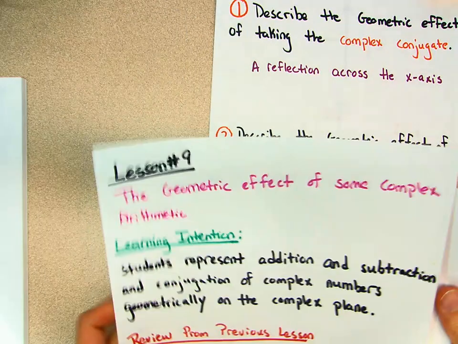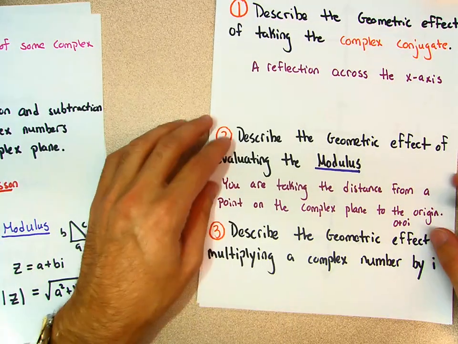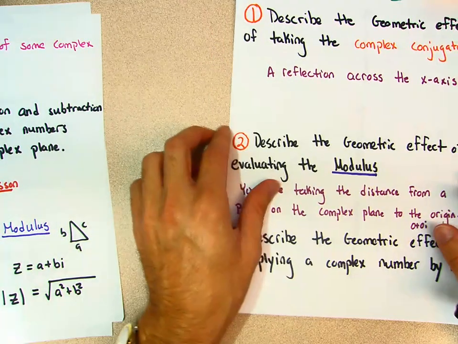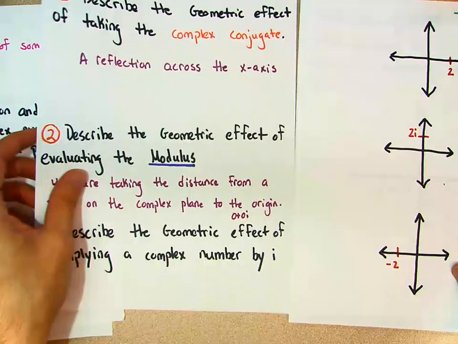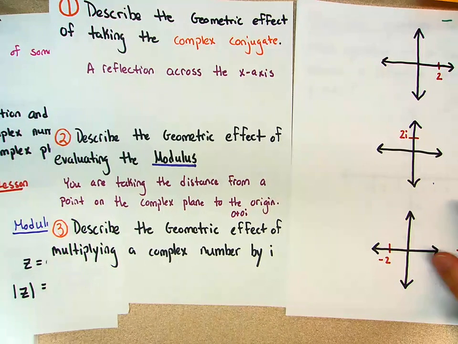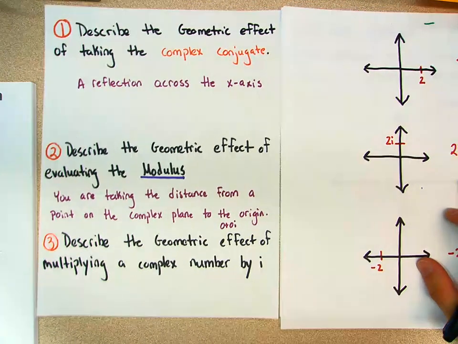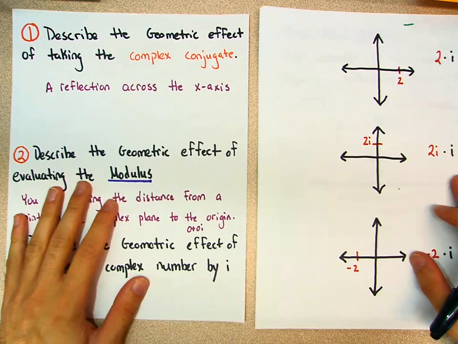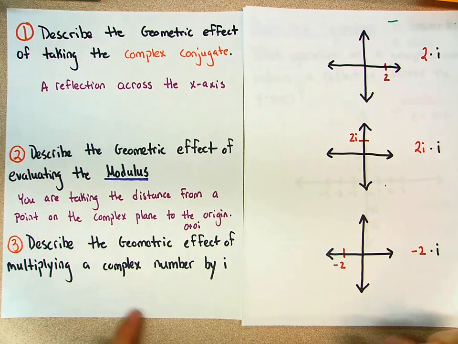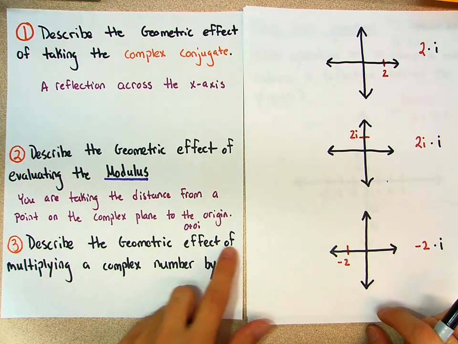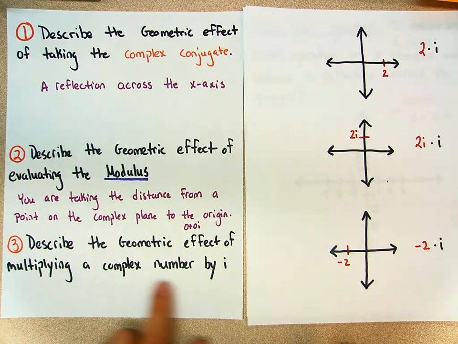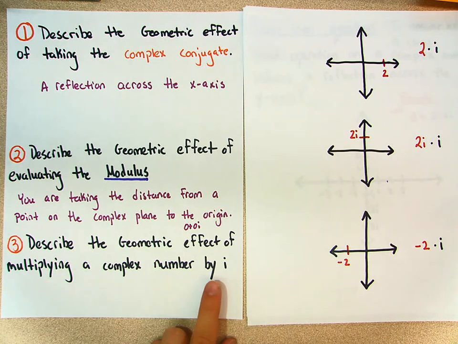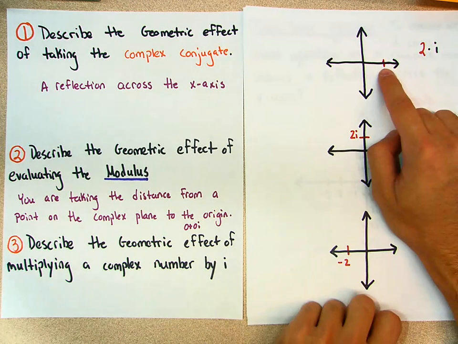Let's also review this concept we talked about before. This question here, my bad, there we go. Okay, here, describe the geometric effect of multiplying a complex number by i. So here, imagine we're at 2, right?